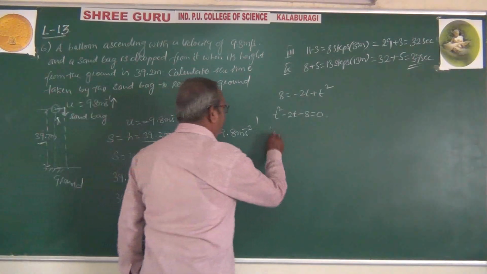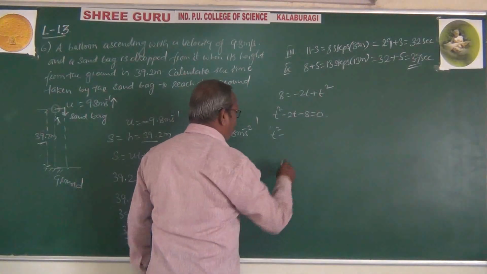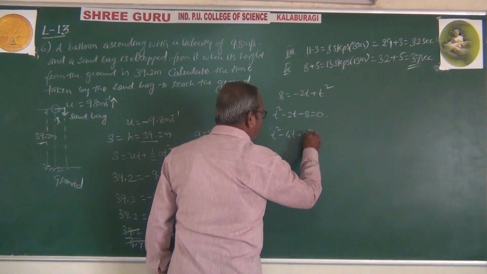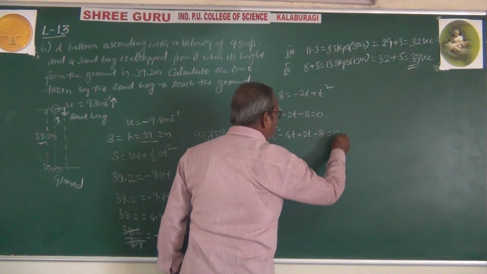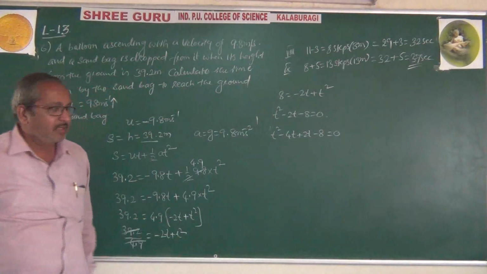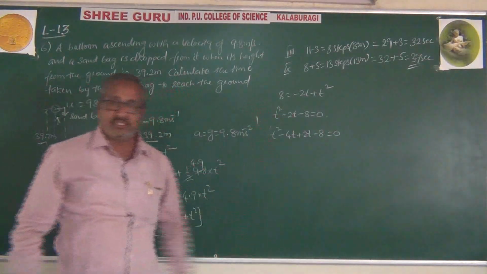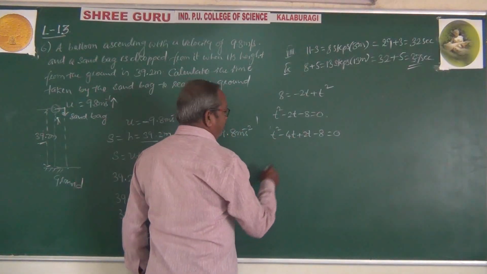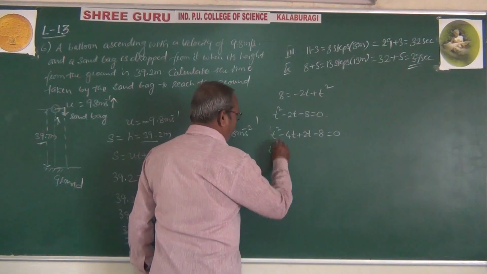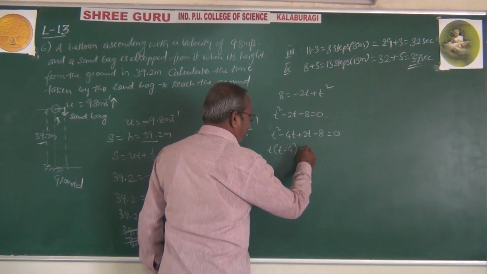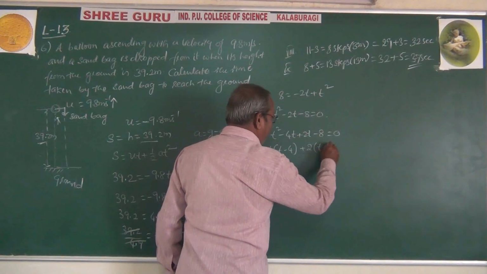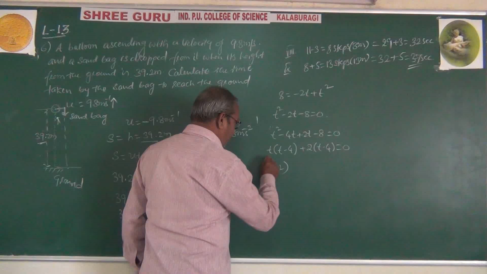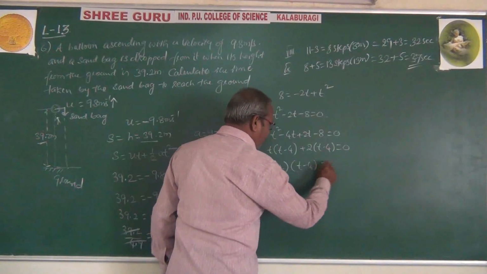Here t square minus 2t minus 8 can be written as t square minus 4t plus 2t minus 8 equal to 0. Minus 4t plus 2t is minus 2t. So t is common: t into t minus 4, plus 2 common: t minus 4, equal to 0. Therefore t plus 2 into t minus 4 equal to 0.